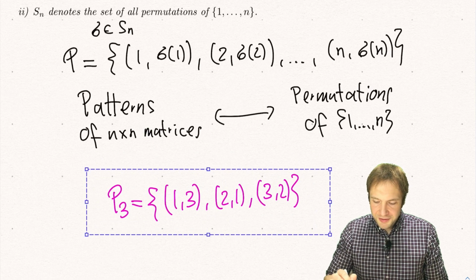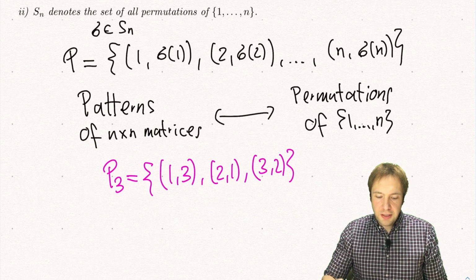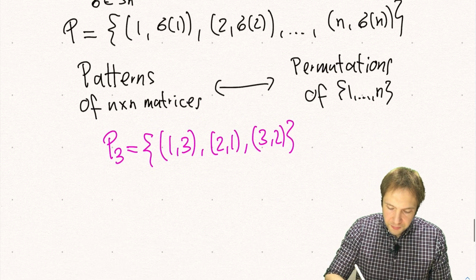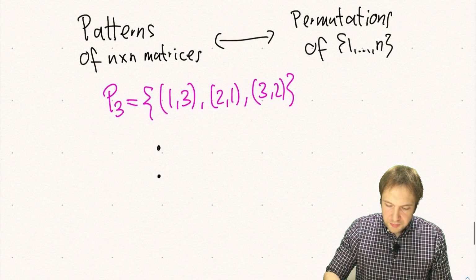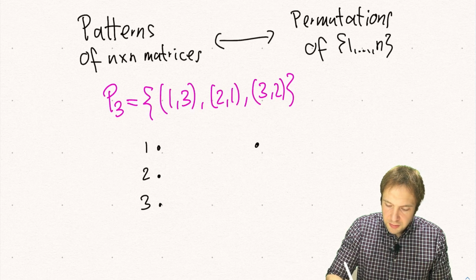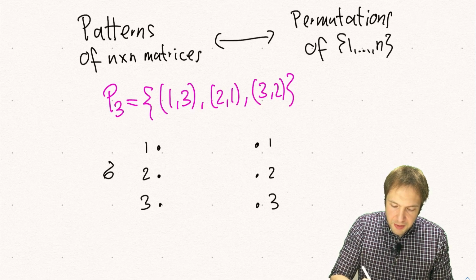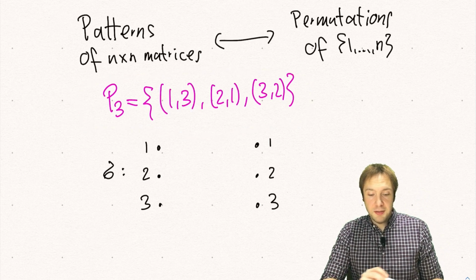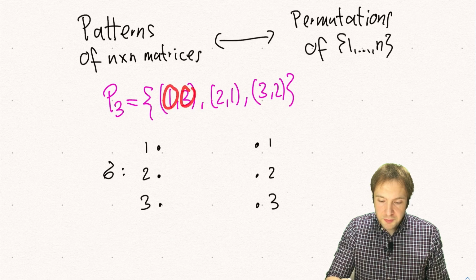So there's one way to visualize these permutations. For example, in this pattern here, let's draw it like this. I have the set 1, 2, 3, and 1, 2, 3, and the map sigma, which corresponds to this pattern, is that sigma of 1 equals 3.